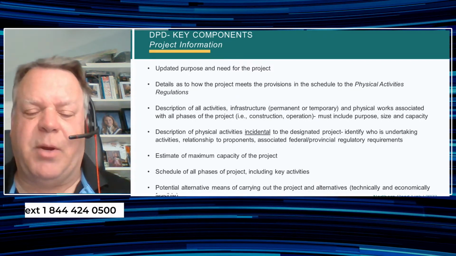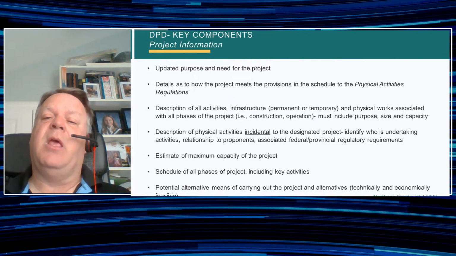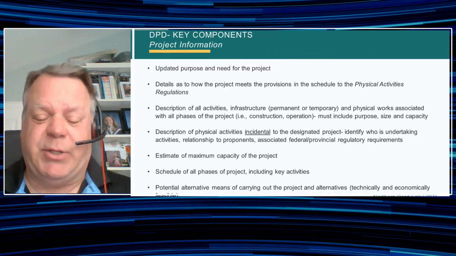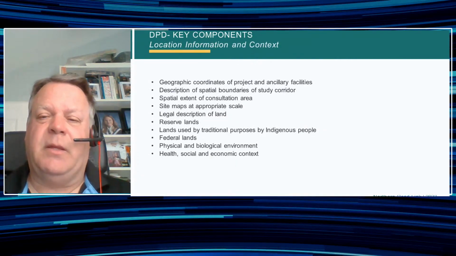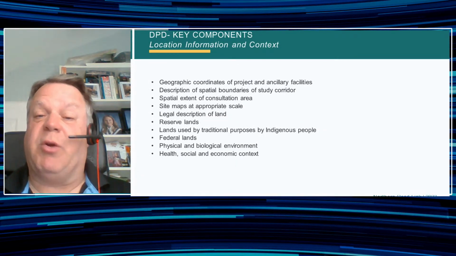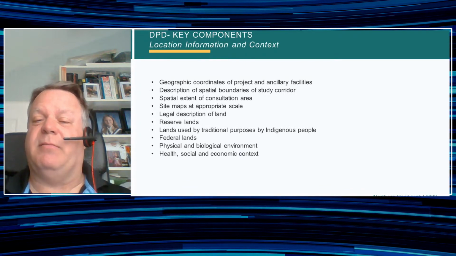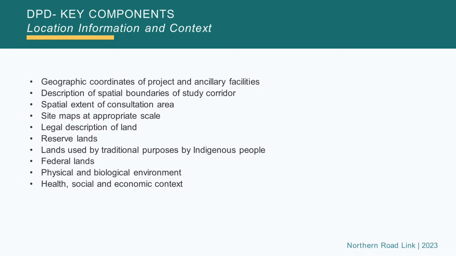Let's talk a little bit now about the location information and context, and what's expected to be part of a detailed project description in that case. So it's expected that there be geographic coordinates of the project and its additional facilities, such as laydown areas, construction camps, storage areas, pits or quarries, access roads to get to those pits or quarries, some sort of description of the boundaries of the study corridor, the consultation area.